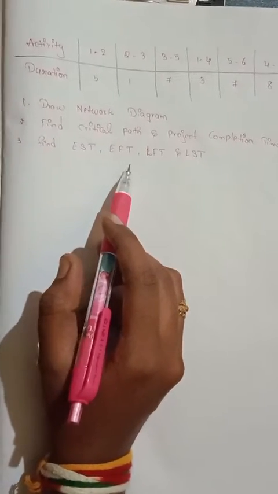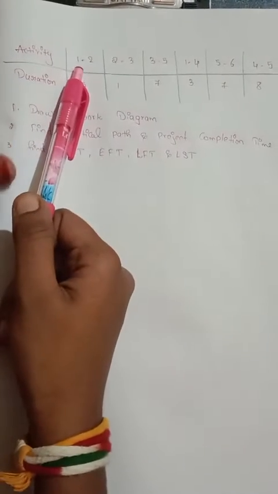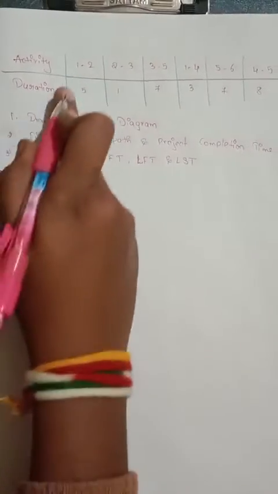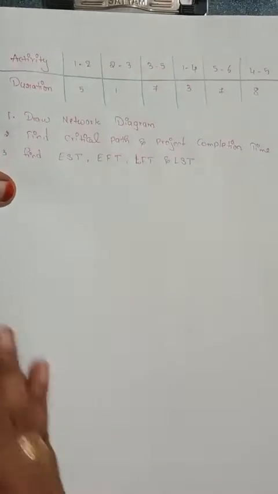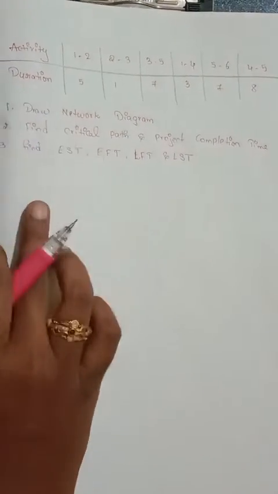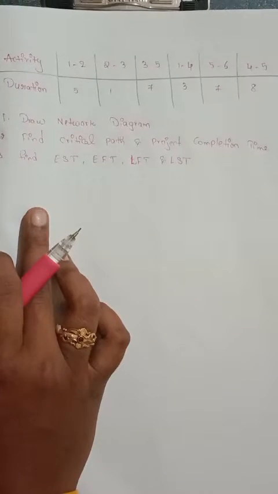So here the first thing is we need to draw the network diagram. So how to draw the network diagram, guys? Here in the activity section they have already mentioned what steps we need to take. Let us see the first thing they have given, 1 to 2. Just draw your network diagram according to your activities, and after completion of your network diagram you can draw the durations.